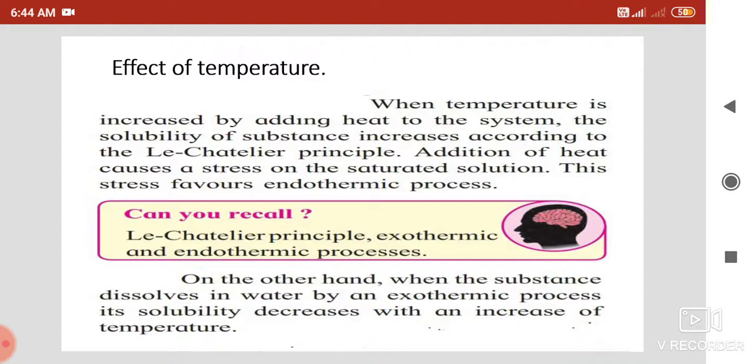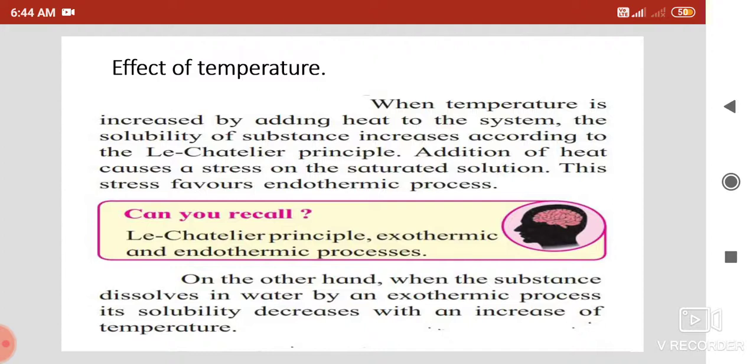So when temperature is increased by adding heat to the system, the solubility of substances increases according to Le Chatelier's principle. Here, the addition of heat causes stress on the saturated solution, and this stress favors the endothermic process.